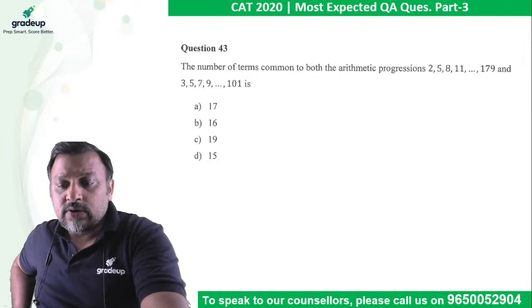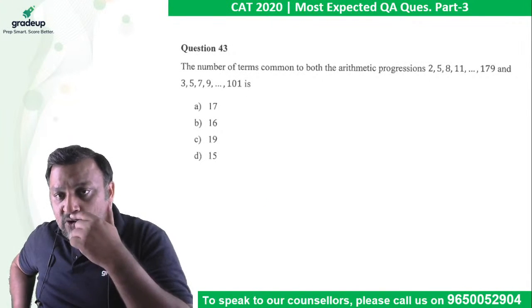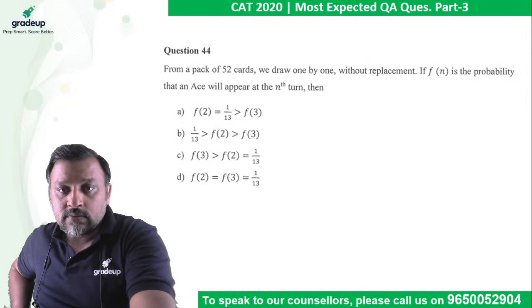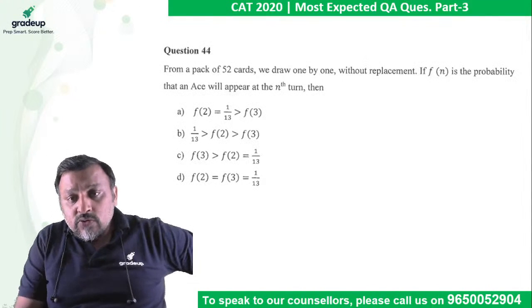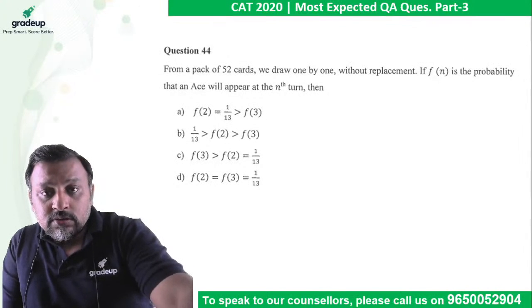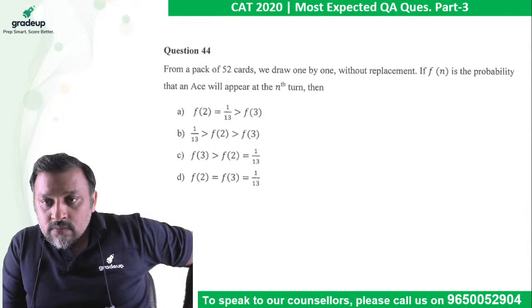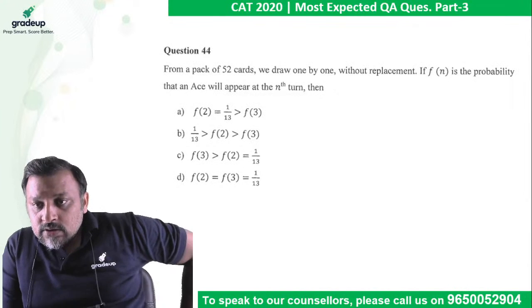This is a fairly simple question, so I'm not discussing this. Number of common terms of 2 AP you need to find. Okay, try this. This is a better question. In fact, a conceptual question. Okay, 98939.